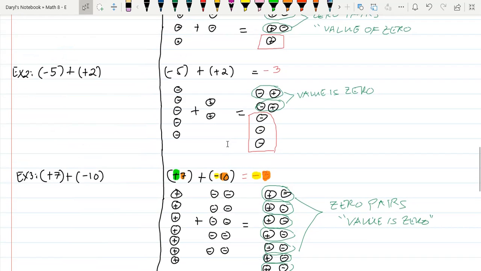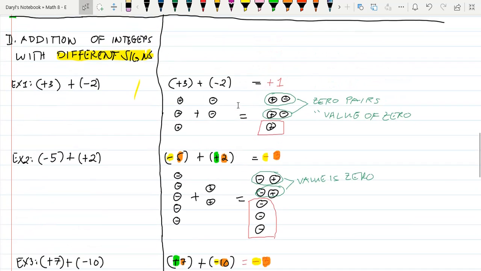So just like in this example again, you have positive 2 and negative 5. So we just get the difference of the absolute values. So again, absolute value of negative 5 is just 5. Then subtracted with 2, it gives you 3. But the sign would be from the bigger absolute value. So in this case, it's negative. So that's why it's negative 3.